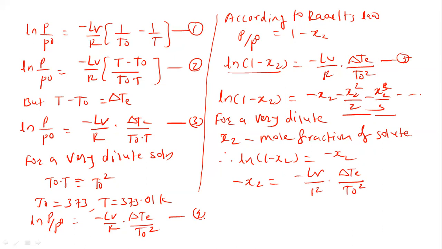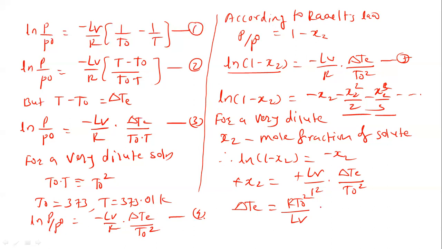Now we can simplify, the negative sign on both sides, so negative becomes positive. And we can write here the derivation for the delta T. So delta T is equal to R T0 square divided by LV.